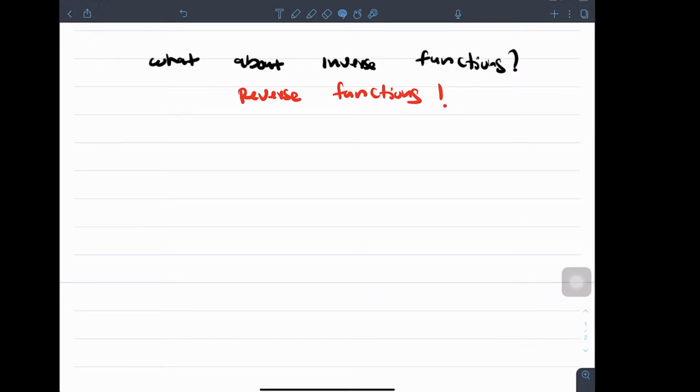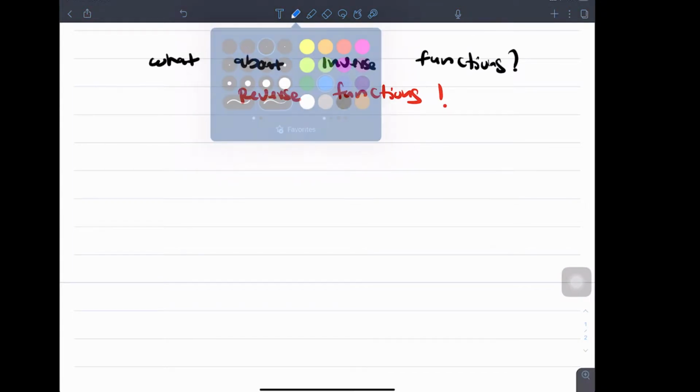These are functions that work in reverse. And you say, what would work in reverse if I draw a picture?